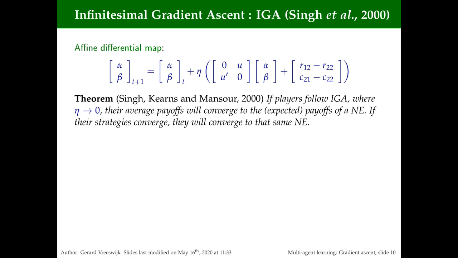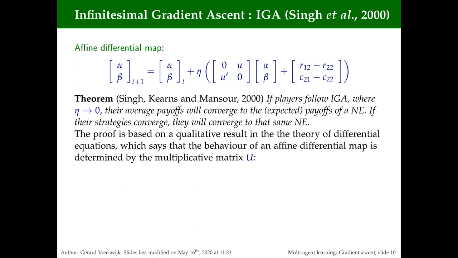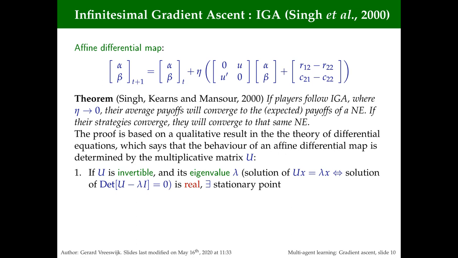So there's a theorem of Singh, Kearns and Mansour, only from 2000, which is quite recent, that says if players follow infinitesimal gradient ascent, where eta is going to 0, then their average payoffs will converge to the expected payoffs of some Nash equilibrium. And if the strategies converge, which may or may not happen, then those strategies will converge to that same Nash equilibrium.